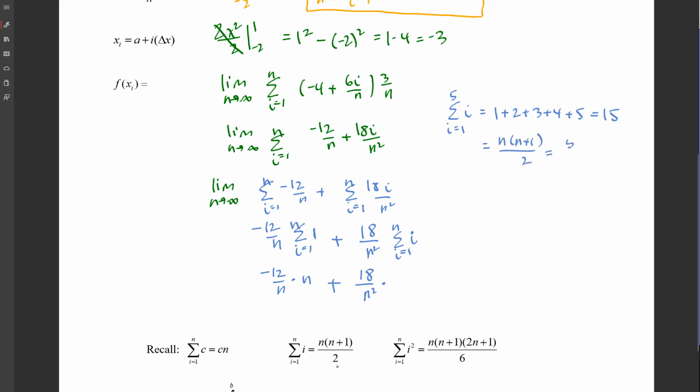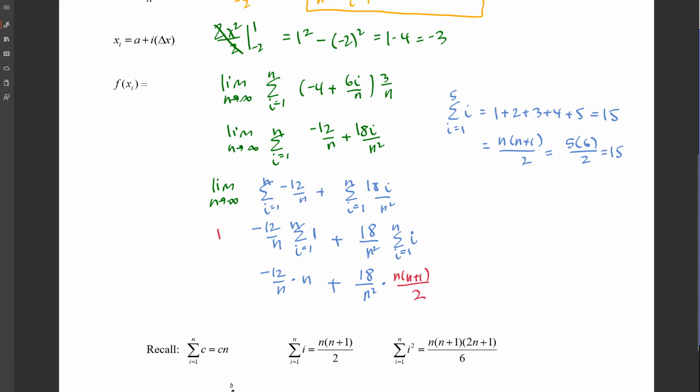My n is 5, so it's 5 times 5 plus 1 over 2, which is 15. Okay, so this formula works. So I'm going to write the summation of i from i equals 1 to n here. So this is really the same as n times n plus 1 over 2.